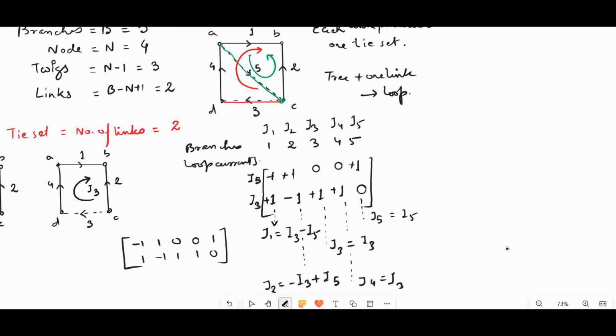Now if we try to determine the loop voltage, then we have to just consider the rows and correspondingly write down the voltages with respect to the branches. So here we have branches 1, 2 and 5 where we have positive values and negative values.